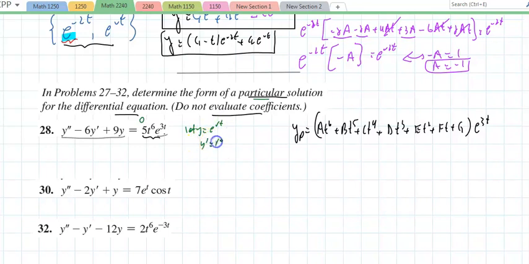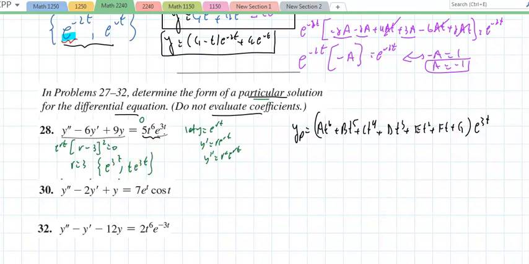Y prime is r e to the rt. Y double prime is r squared e to the rt. E to the rt times (r minus 3) squared equals 0. So we get r equals 3, which means e to the 3t and t e to the 3t are solutions.